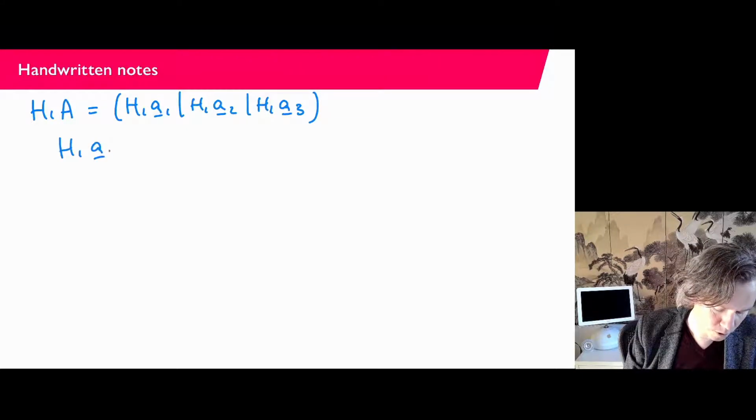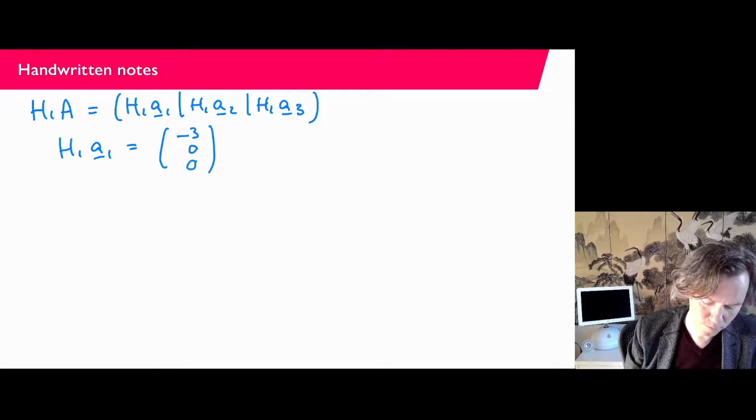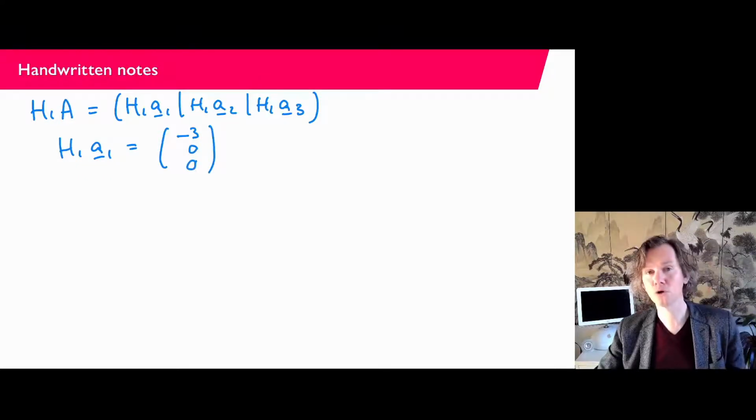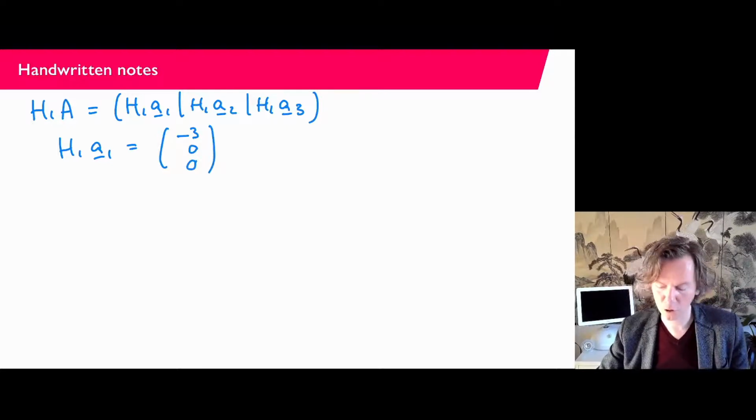H1 a1 by construction is minus 3, 0, 0, because I chose the x1 to map the first column to this vector. Now you can also check that.